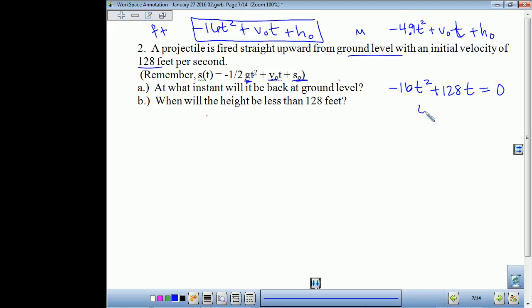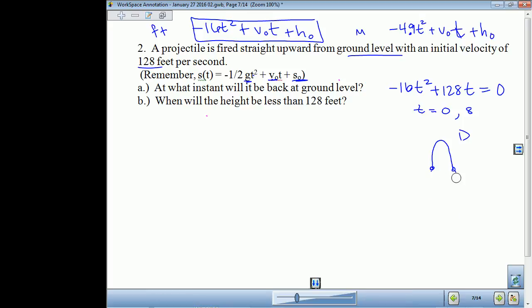Okay. We get either t equals 0 or 8, right? So if I'm thinking about this ball and the height with respect to time, and I'm thinking reasonable domain, does height below ground exist even though the function would keep going?